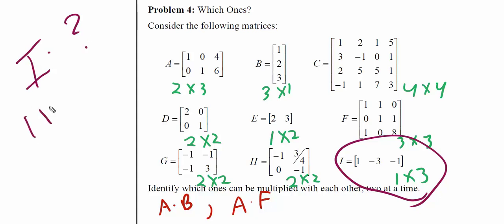Whatever I'm going to multiply this by has to have a dimension that begins with a 3. In other words, a matrix that has 3 rows. So, in this case, B is a possible matrix, and so is F.